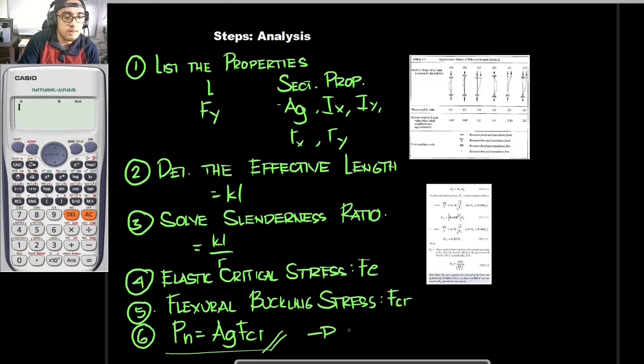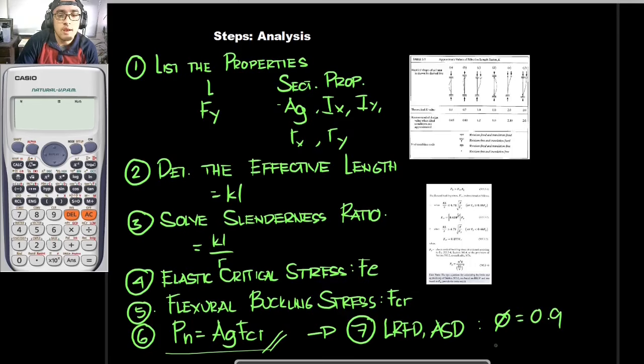And after that, for number 7, apply these factors of safety or the reduction factor via LRFD or ASD. So, those are the two. As for your value of phi for LRFD, that is to be 0.9. And the value of omega in ASD is 1.67.